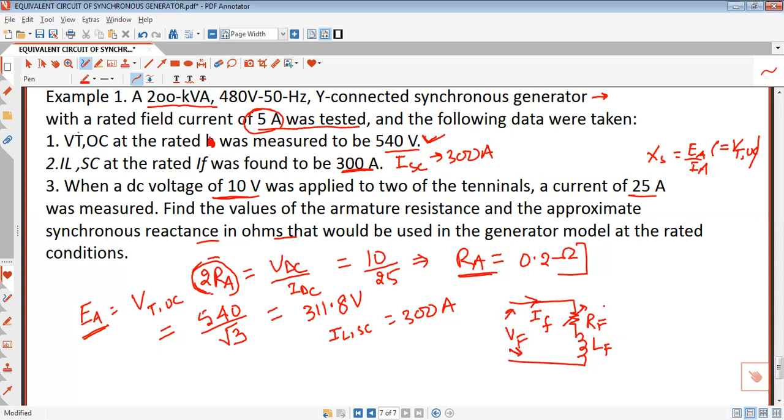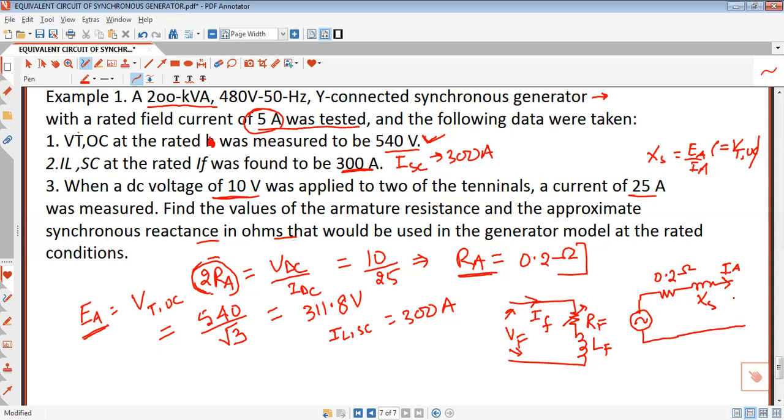Now this is our equivalent circuit. Here we have to find XS. RA is 0.2 ohm, already calculated, and XS, the synchronous reactance, we have to calculate, and IA is the armature current flowing here.